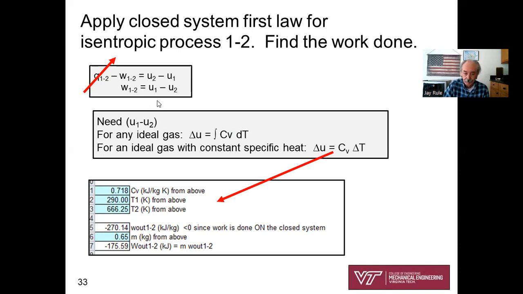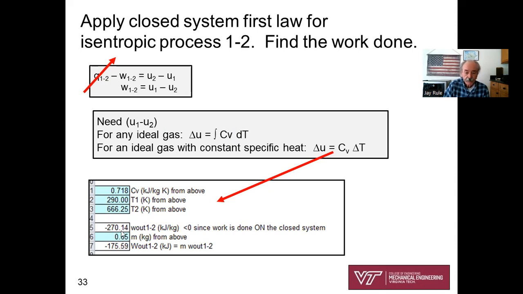But this time, I'm not looking up my U values in table A22. I remember for any ideal gas, delta U is the integral of CV dT. Got to remember that. CV is constant, so I'll pull it out of the integral. So delta U is CV times delta T, or for 1 to 2, delta U is CV times T2 minus T1. Now we're back to plug and chug.